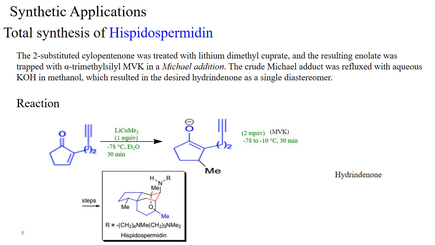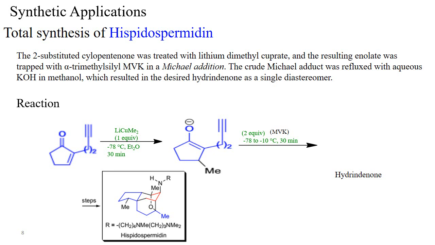So when the 2-substituted cyclopentanone was treated with the organometallic compound, this cyclopentanone is converted to the enolate, and this enolate will be added across the pi bond of the alpha beta unsaturated ketone in a Michael addition way.